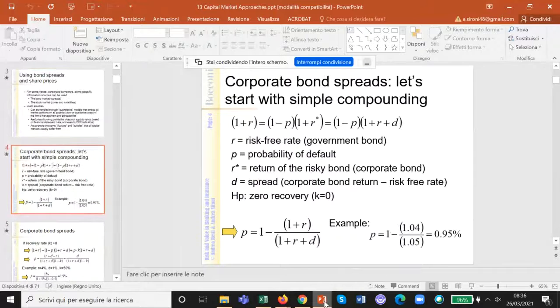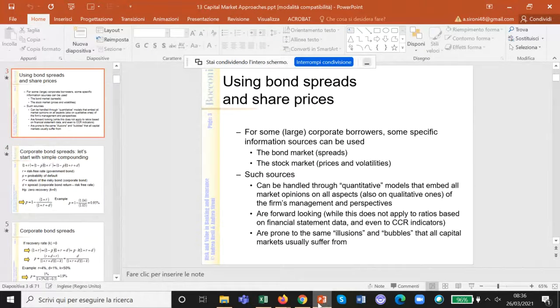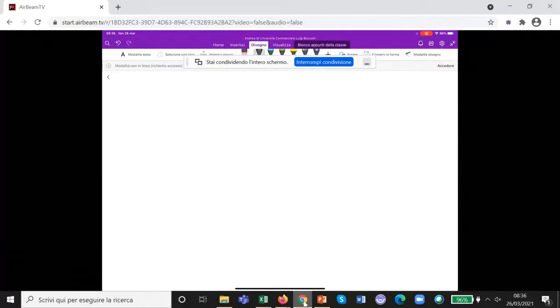Okay, let's look at the first one, which is very simply the one based on bond spreads. And basically, the underlying idea is very simple, and it's the following. When I want to look at the return on a risky bond, so a bond issued by a corporate, we could say that 1 plus the risk-free rate is equal to 1 minus the probability of default times 1 plus the risky rate that is paid by a risky bond.